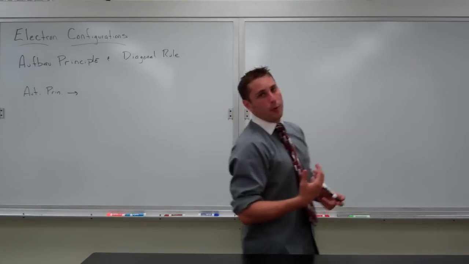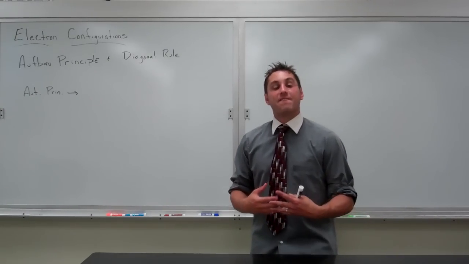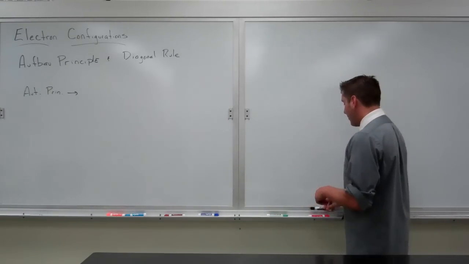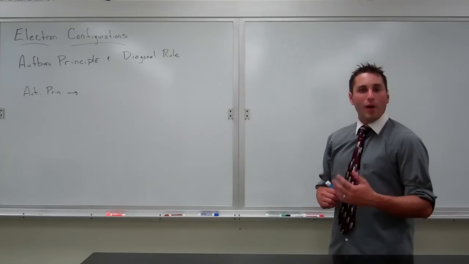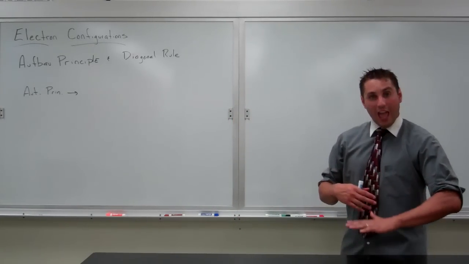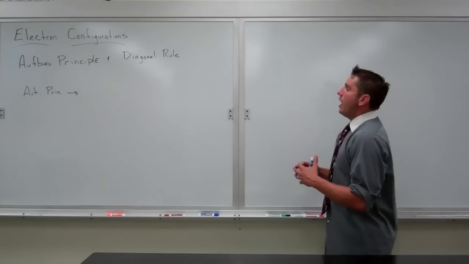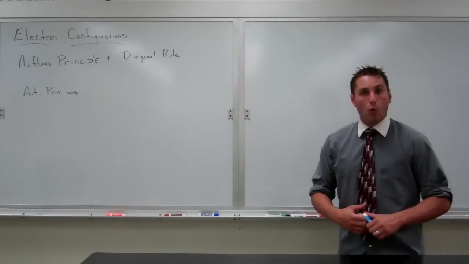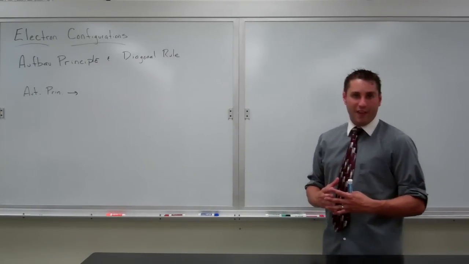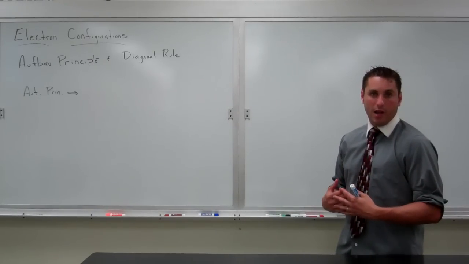The Aufbau principle explains to us how these orbitals get filled. And the definition of the Aufbau principle says that electrons always fill the lowest energy orbital available to it. Electrons very often, I say, behave like high school kids in the morning. You want to expend the least amount of energy because the more energy they have, the more unstable they become.